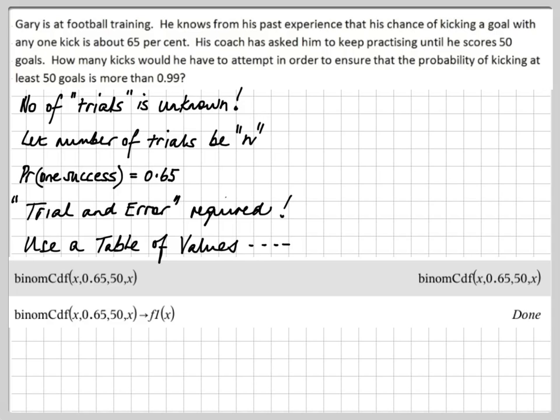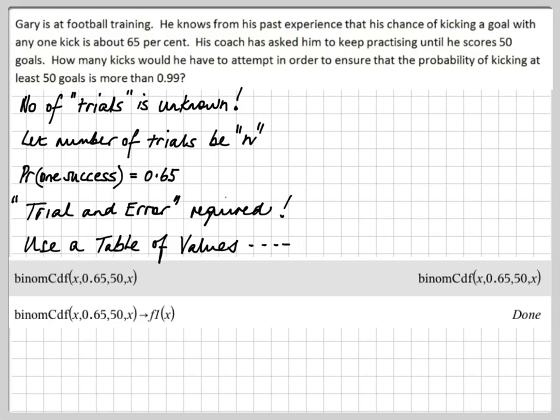So binomCDF: x trials, 0.65 probability of success, lower bound 50, and upper bound the max possible successes, which would be x, our number of trials. I plugged that in, got the expression echoed on the right-hand side, then cut and pasted the line above on the left-hand side and made it into f1 of x, a function.